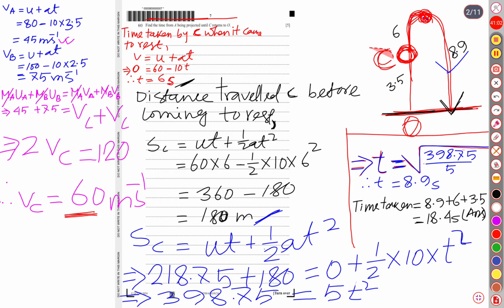After that, C took 6 seconds to reach the highest point or maximum height. Then C took 8.9 seconds to reach the ground. So the total time taken is 18.4 seconds from A being projected until C touches the ground.